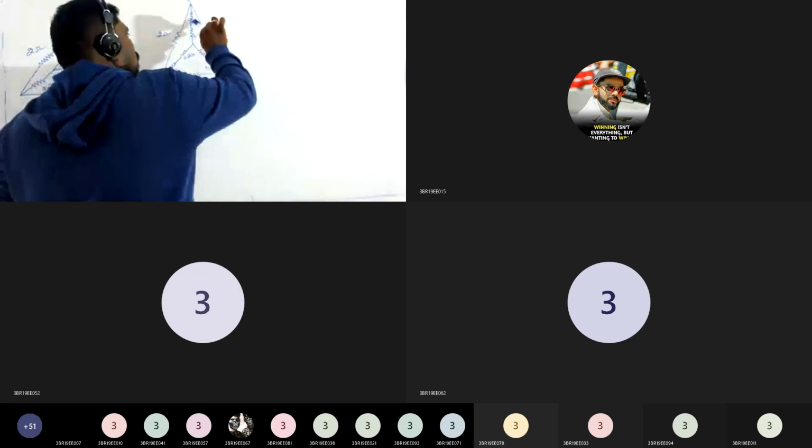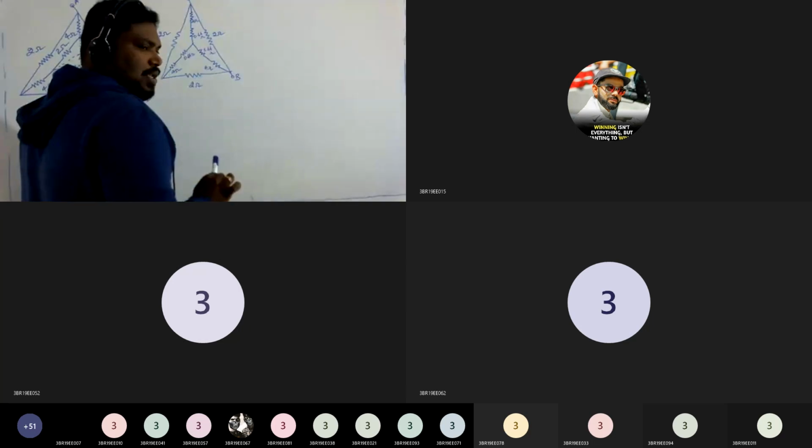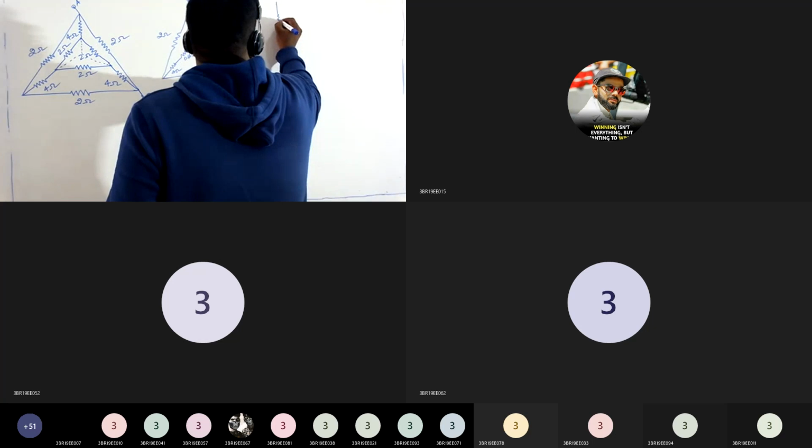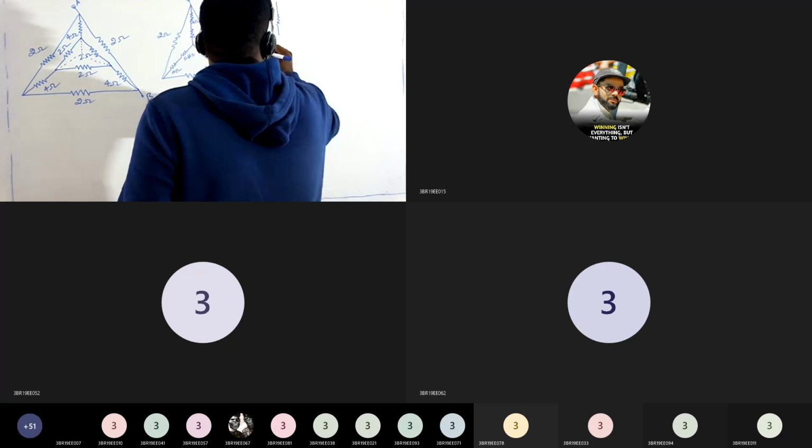Now these two are in series: 4 ohm and 0.66 ohms are in series. Simplified, it becomes 4.66 ohms.